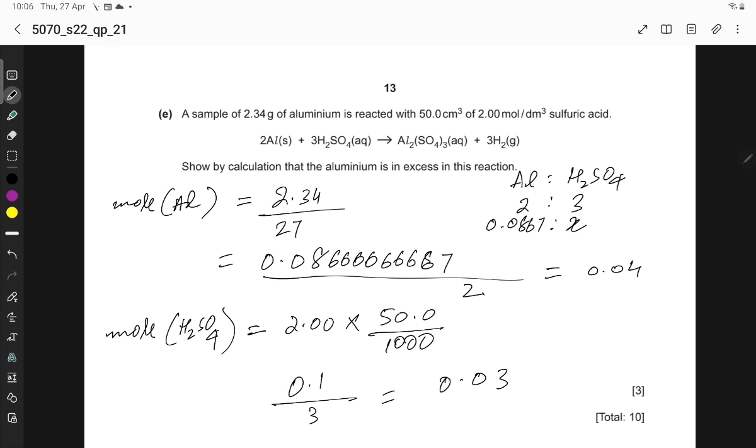So 0.0867 into 3 divided by 2 is equal to 0.13.